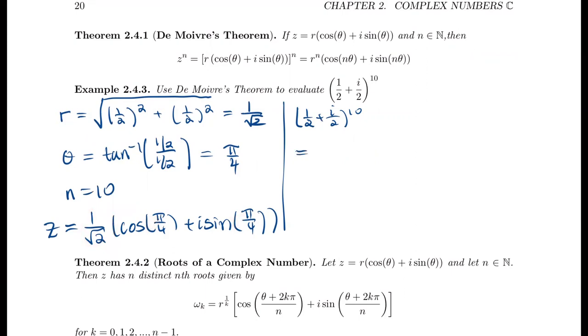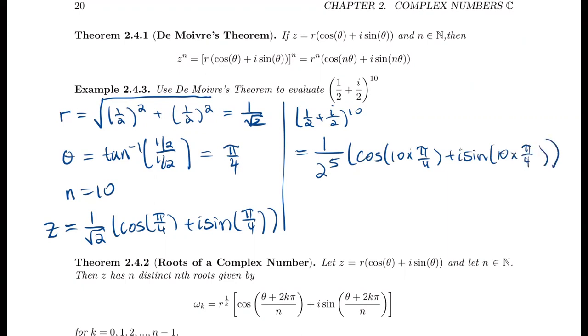So we would just get 1 over root 2 to the power of 10, that's 1 over 2 to the power of 5, multiplied by the cosine of 10 times pi over 4 plus i sine 10 times pi over 4.